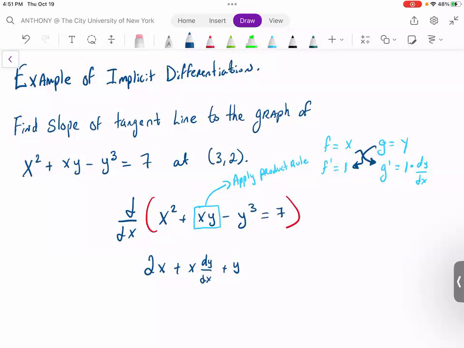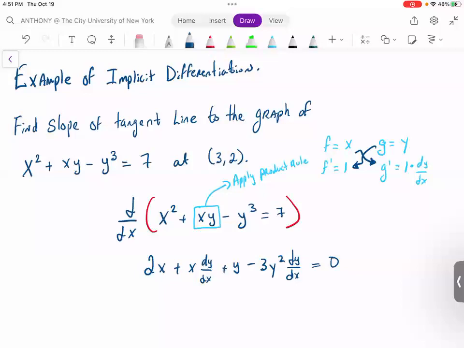It's negative 3y squared. But since we're taking the derivative with respect to x, what do I attach? You have to attach your dy/dx. Very good. And what is the derivative of 7? 0. We just did the whole calculus of this problem, which was finding the derivative.